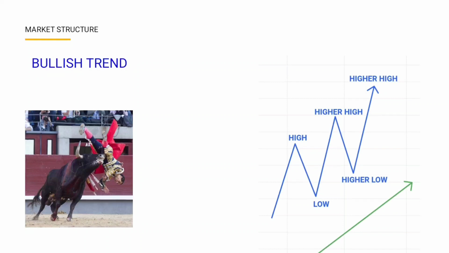Then it comes back to make a low that is higher than the first low, hence a higher low. Then again, it forms another high that is higher than the previous high, a higher high. So basically, a bullish trend forms successive higher highs and successive higher lows. That is what we call a bullish trend.